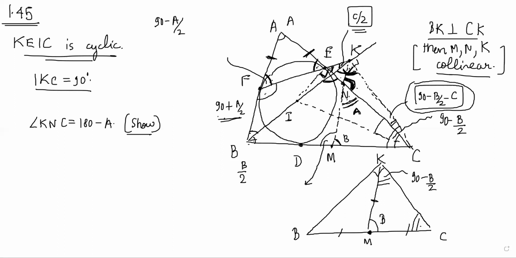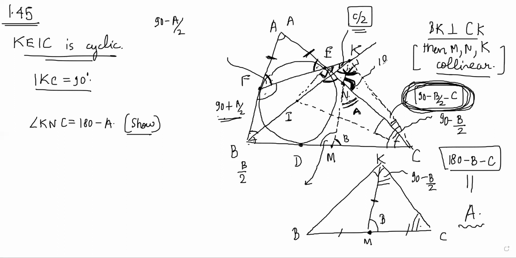And we know this angle is this much. So adding these two, we get 180 minus B minus C, which is A. So this must be 180 minus A.